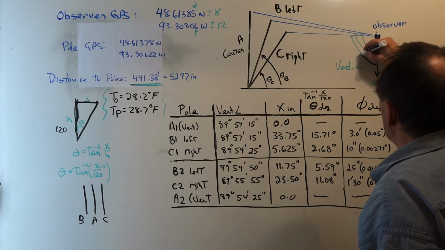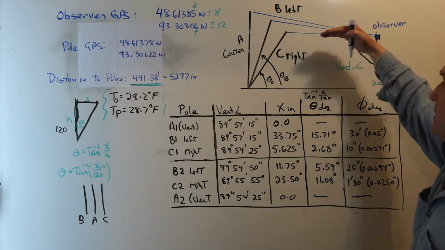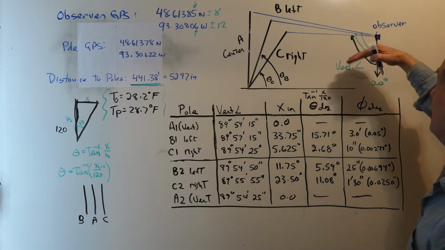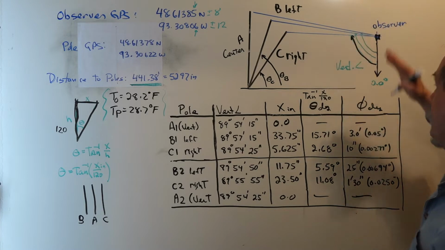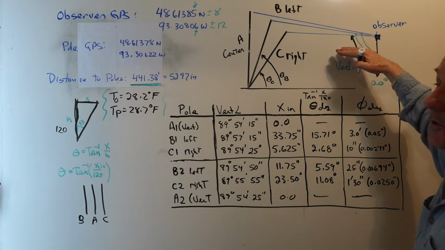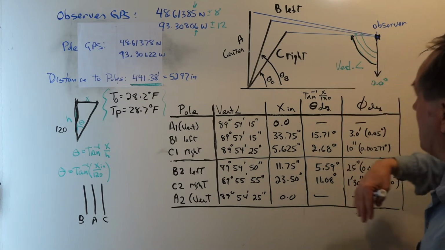The positive direction is as you swing up towards horizontal. Perfect horizontal, or tangent to the earth, will be at 90 degrees. And then if you're pointing the theodolite straight up, it's 180 degrees.